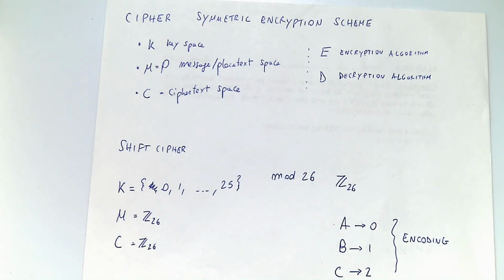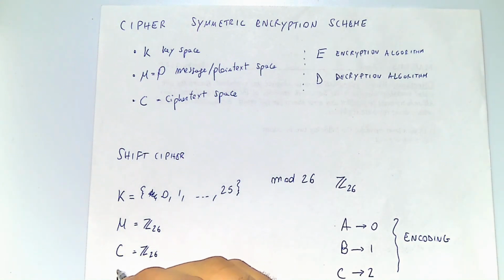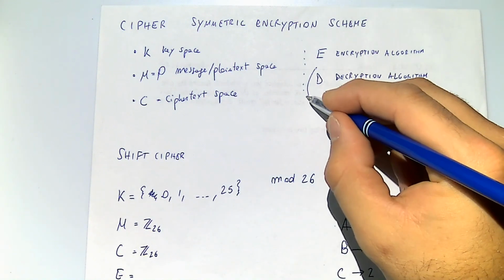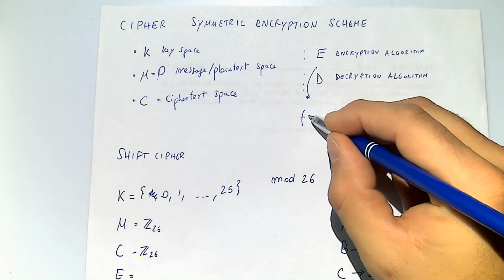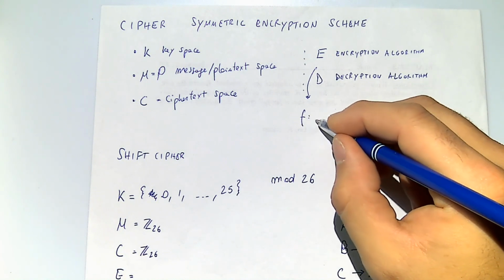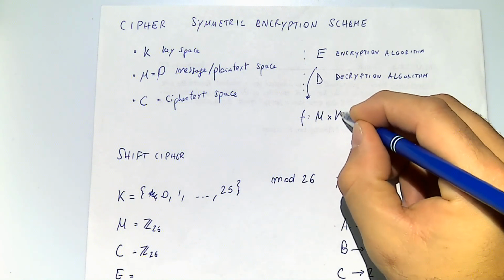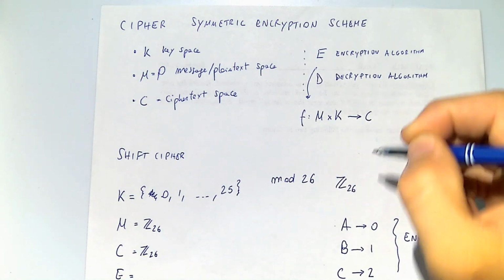Normally the encryption algorithm is a function from a message and a key into the ciphertext space.